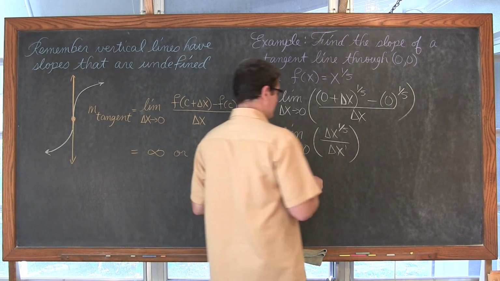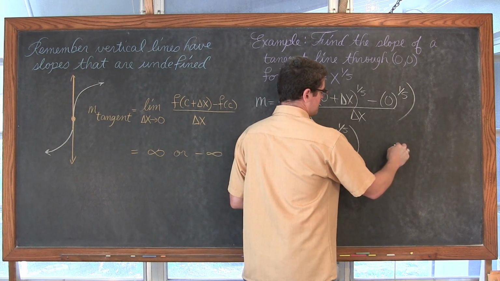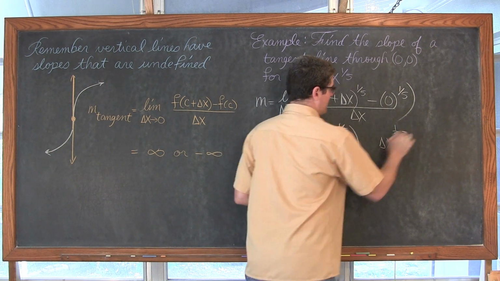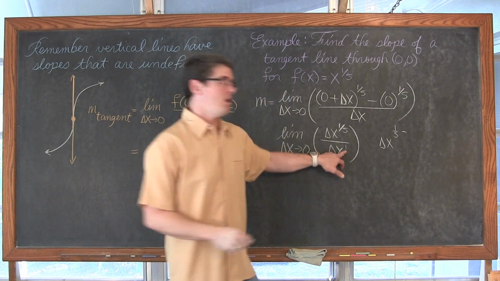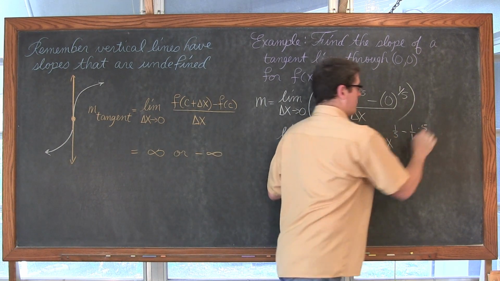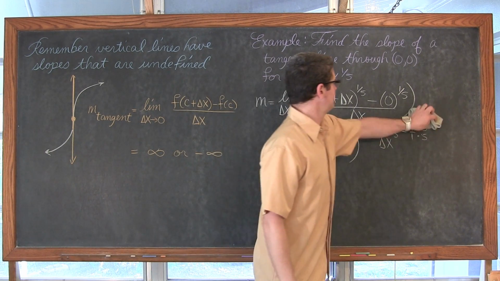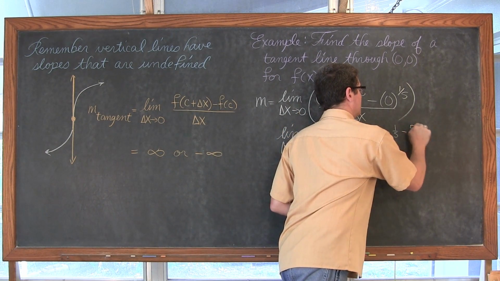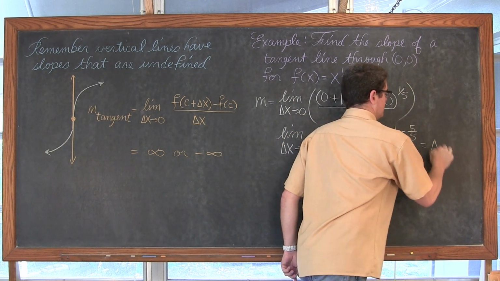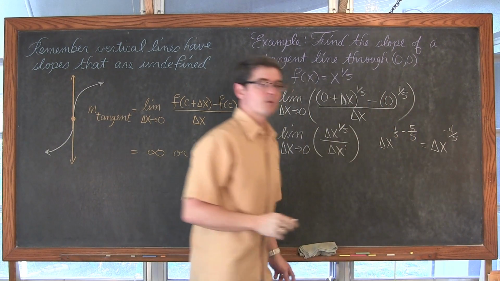So this is equal to delta x to the 1/5 minus this exponent of 1. But we need common denominators, so that 1 is going to become 5 over 5. And that, of course, is delta x to the negative 4/5.